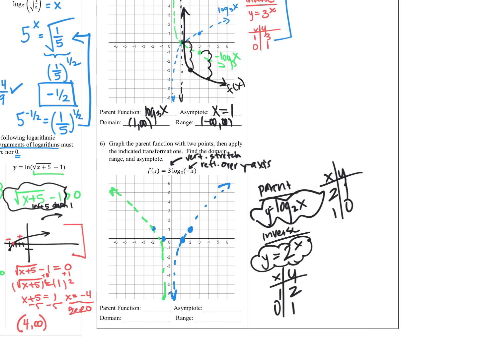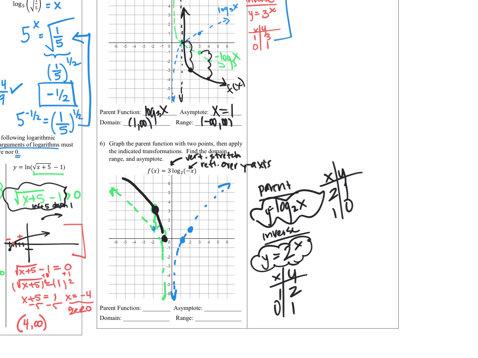But then it also has to vertically stretch. So instead of going up 1, left 1, it's going to be going up 3 spaces because it's triple that value now. So it's going to be at the 3 because, again, it's triple. And the point negative 1, 0, the y value triple is 0, so that's going to stay in the same spot. So I have this point here at 3 and that point here at negative 1.